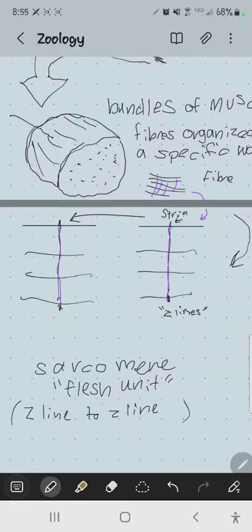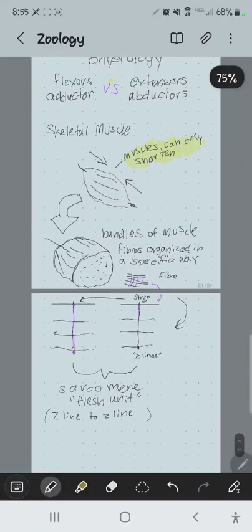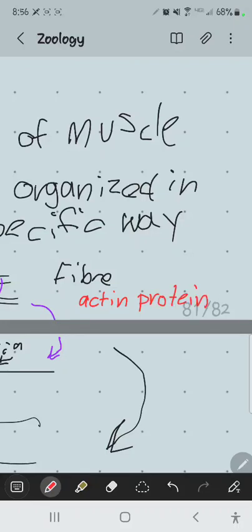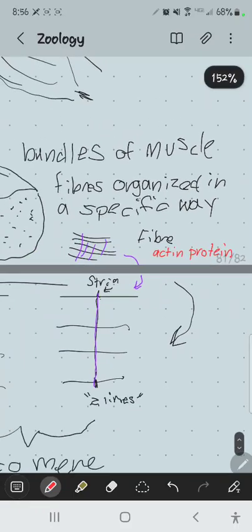Actin protein is a fundamental contracting protein, and in fact, even protists like amoeba use it. Like we talked about how amoeba use their pseudopodia to surround their food or to crawl. Amoeba use actin for cell motion. So actin is kind of a fundamental, basic cell motion material.